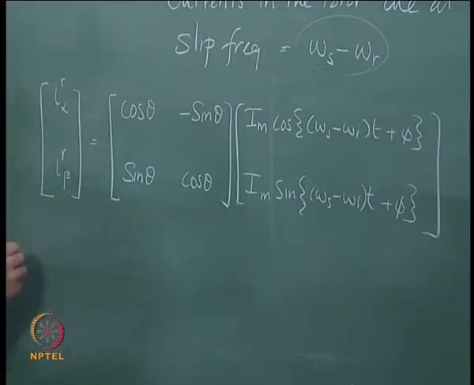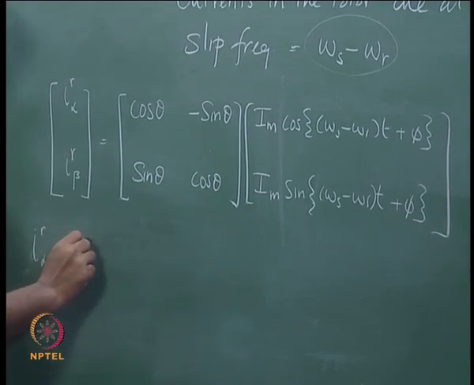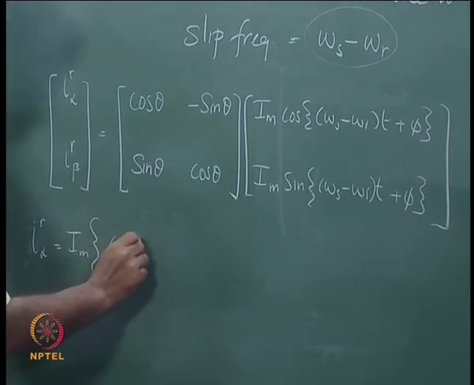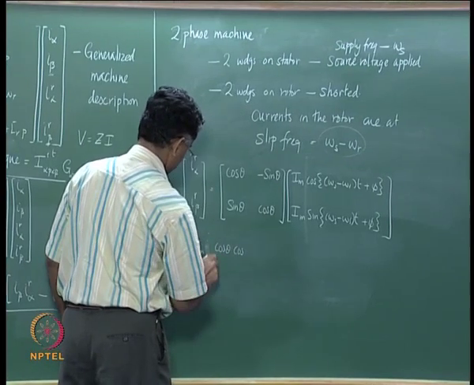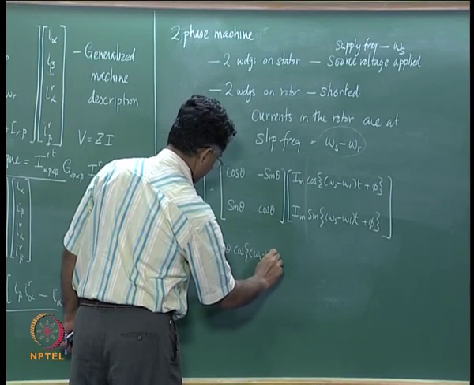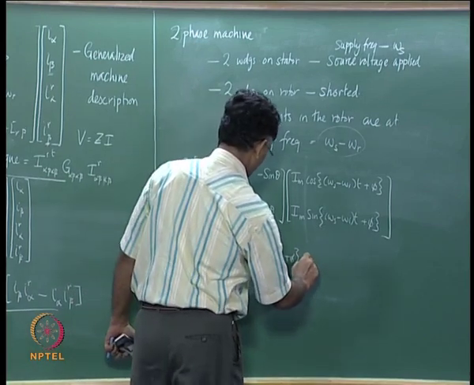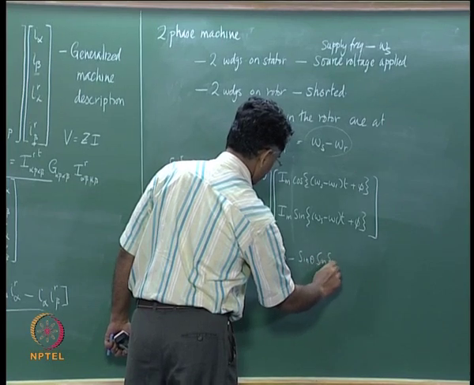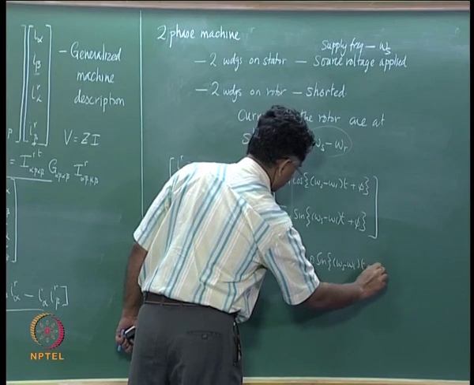Therefore, if you evaluate the expression for IR alpha, that is then Im multiplied by cos theta cos of omega s minus omega r into t plus phi, minus sin theta sin of omega s minus omega r into t plus phi.